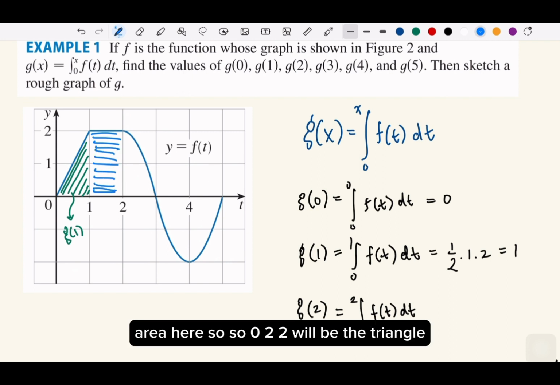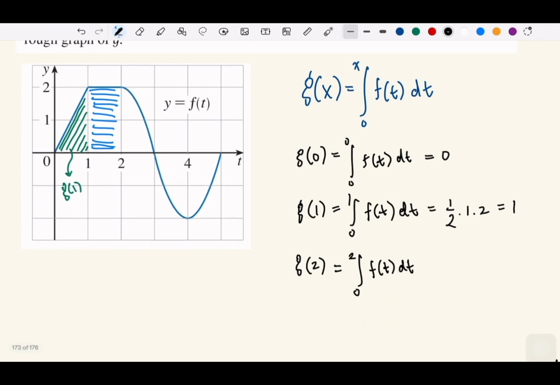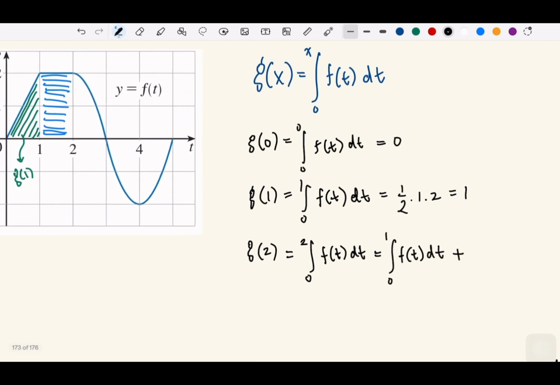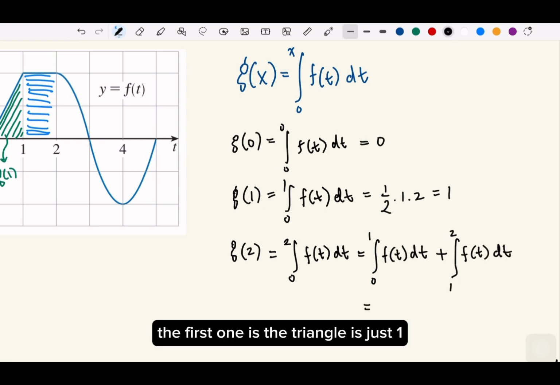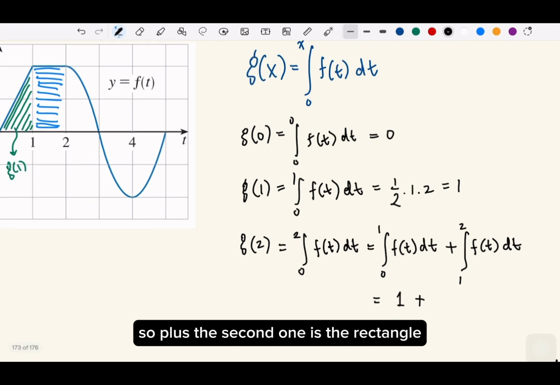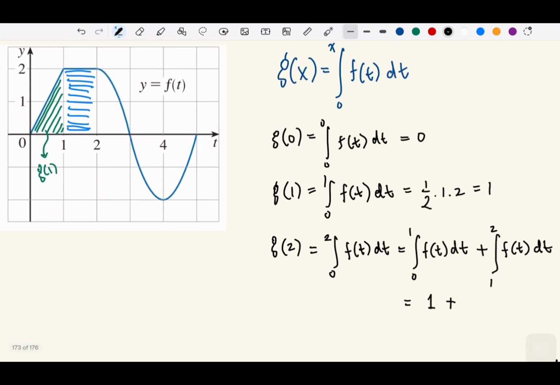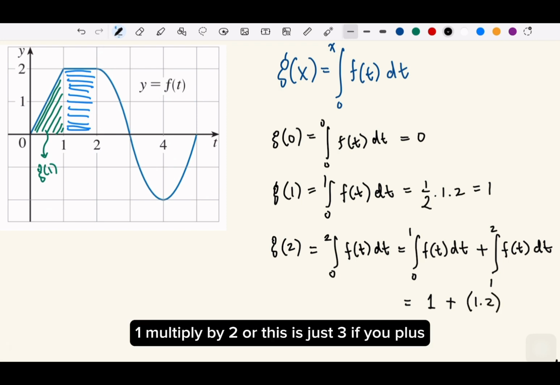So 0 to 2 will be the triangle, this plus the integral from 1 to 2 of f(t) dt. The first one is the triangle. It's just 1, so plus. The second one is the rectangle, 1 multiplied by 2, or this is just 3 if we add.